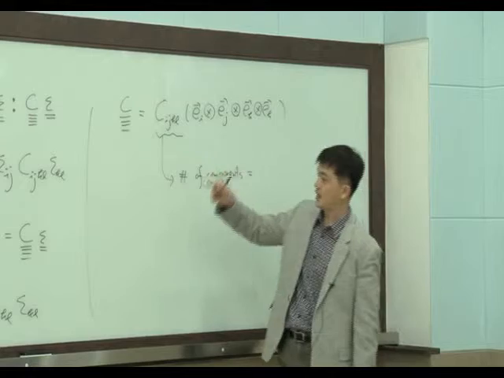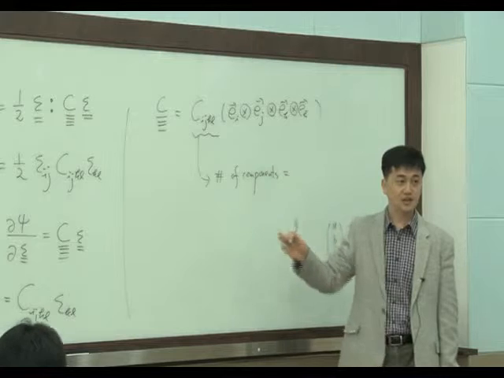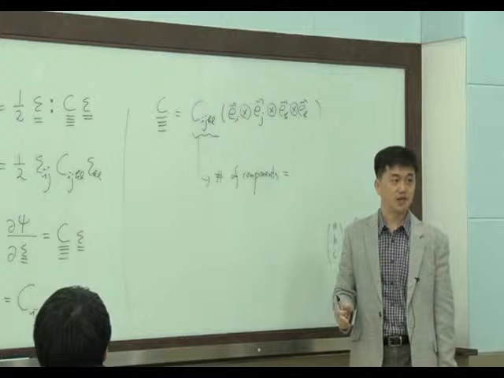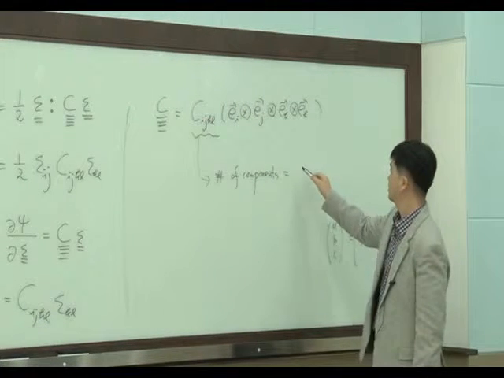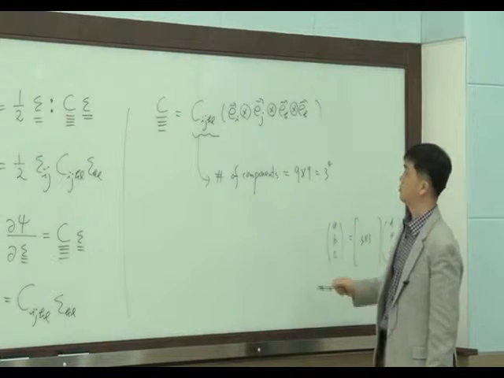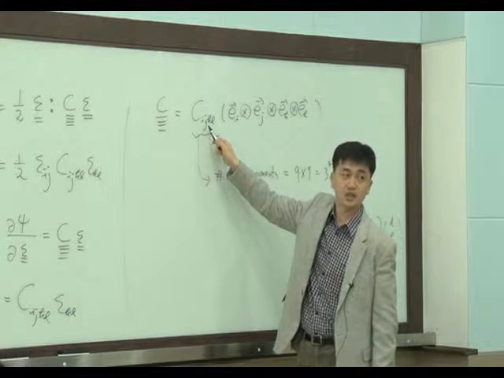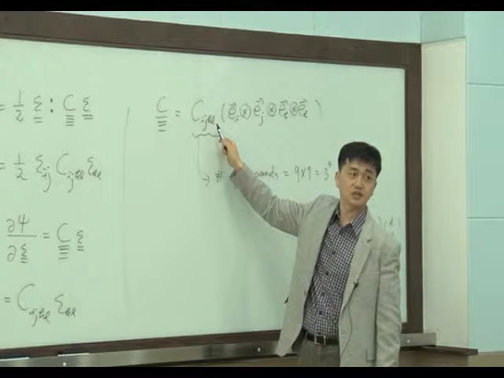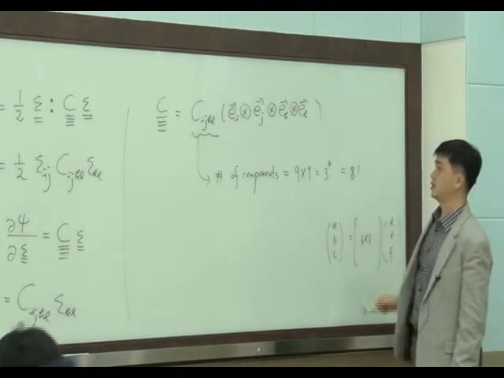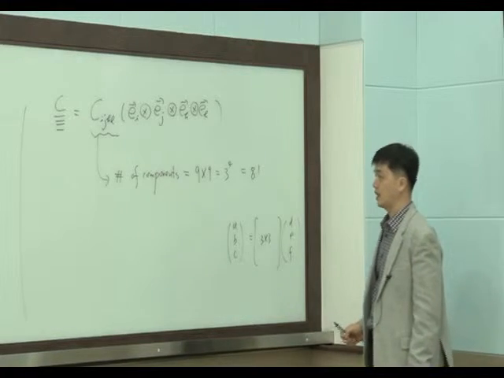Then for 9 stress and 9 strain, we need 9 by 9, which is 81. Because i changes from 1 to 3, j from 1 to 3, and k and l from 1 to 3, so 3, 3, 3, 3. This is 81. So the material matrix C has a total of 81 components.